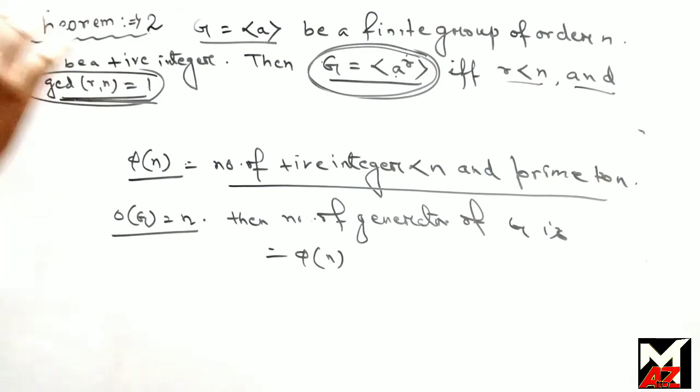So from this formula, it is easy to calculate the number of generators of a cyclic group of any order.